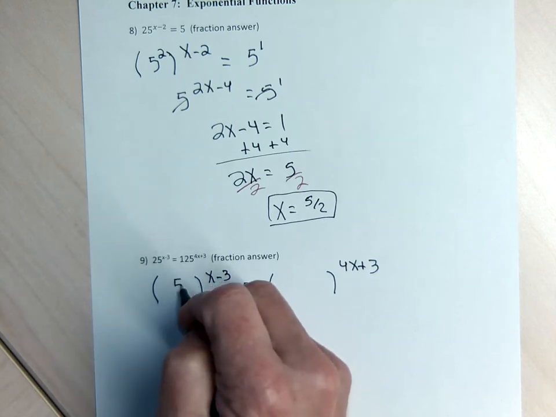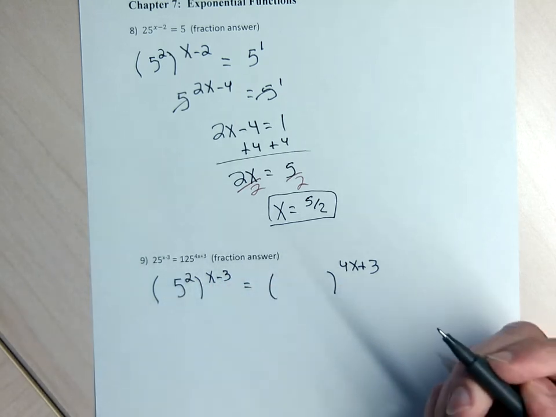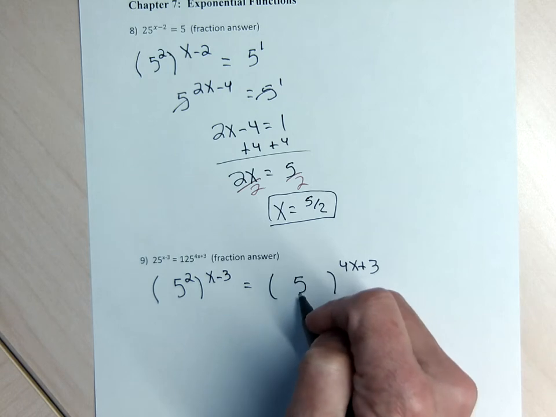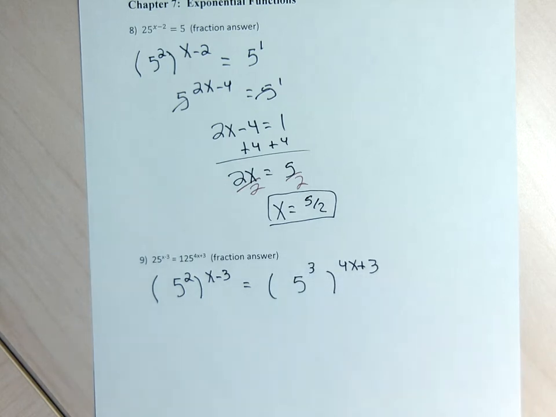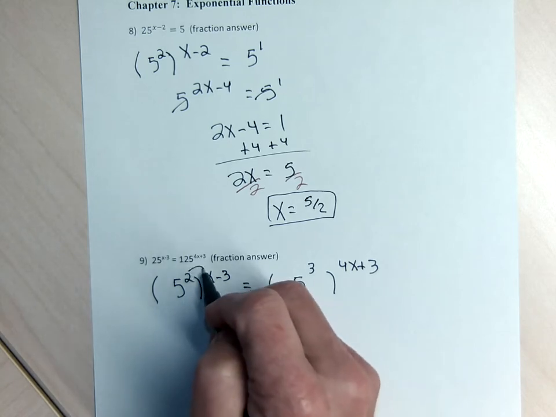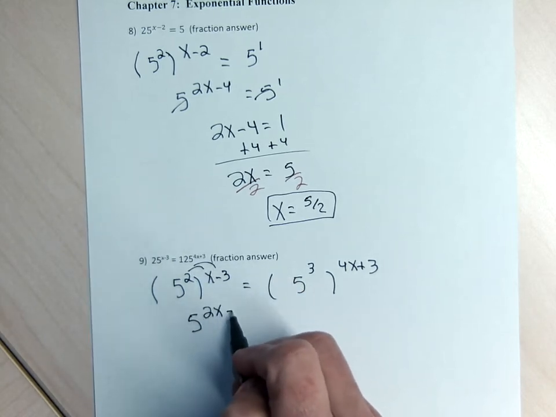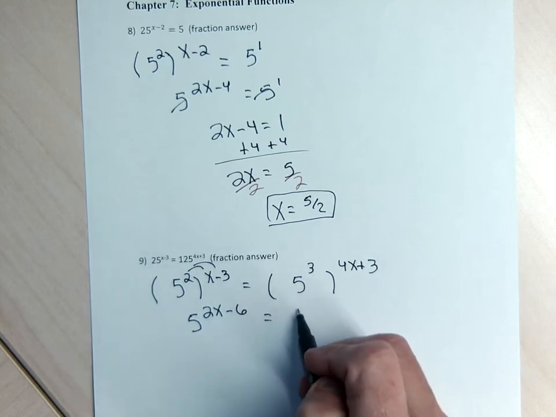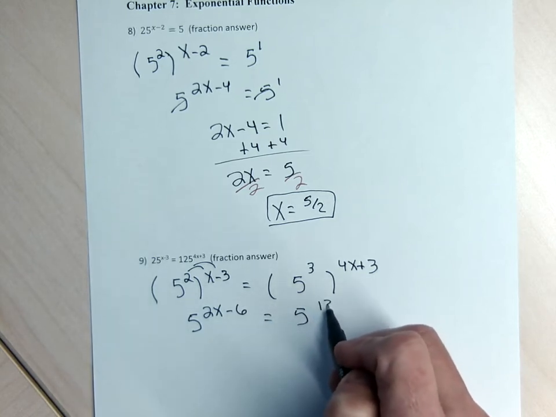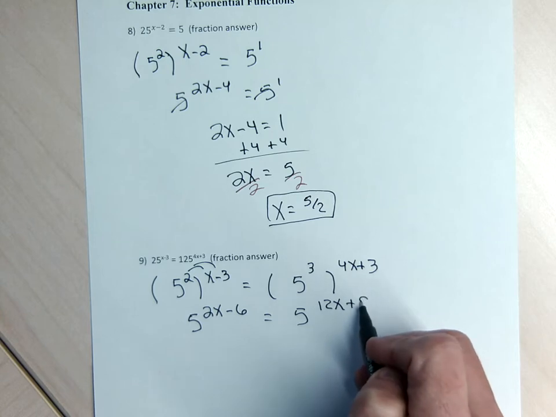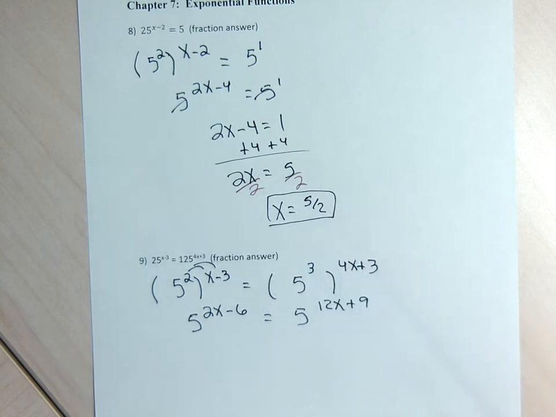So the left-hand side is going to be 5 squared to the x minus 3. The right-hand side is going to be 5 cubed to the 4x plus 3. Now I'm going to multiply to clear the parentheses. I'm going to go 5 to the 2x minus 6, doing 2 times x and 2 times minus 3, equals 5 to the 12x plus 9, doing 3 times 4x and 3 times 3.